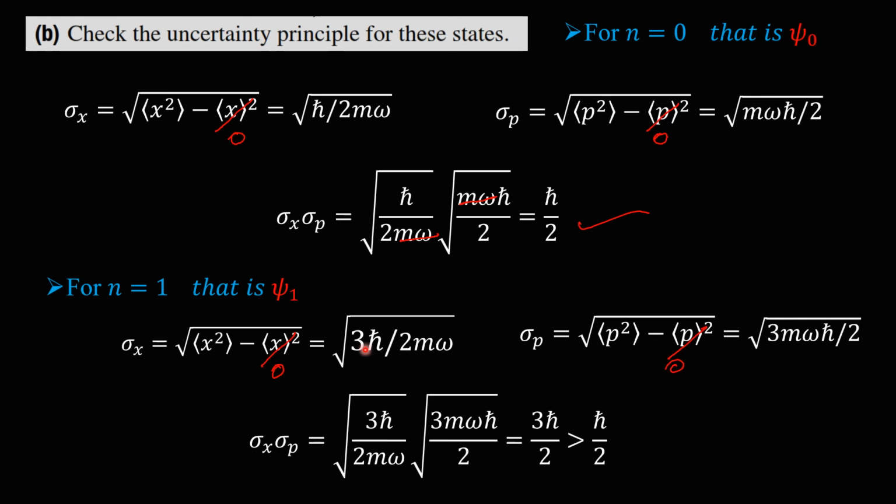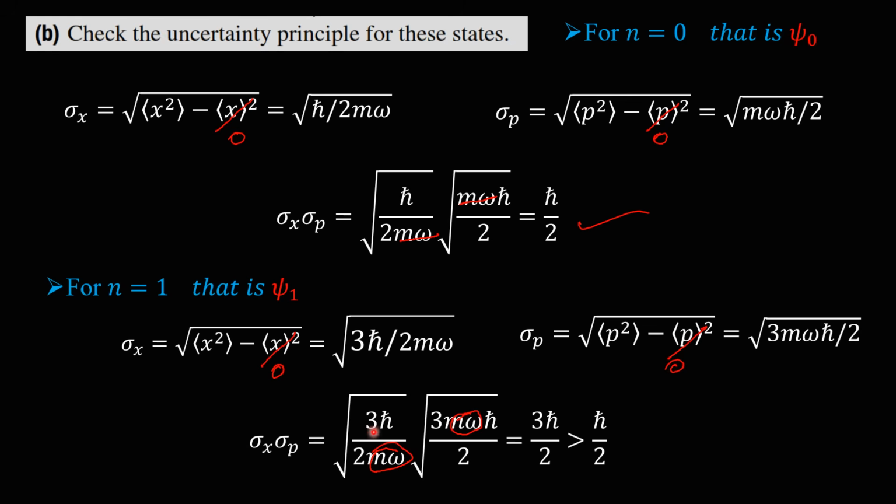So now you multiply these two, sigma x sigma p. This is square root of 3 h cross over 2 m omega, and this is square root of 3 m omega h cross over 2. Now you can see this m omega and this m omega will get cancelled.